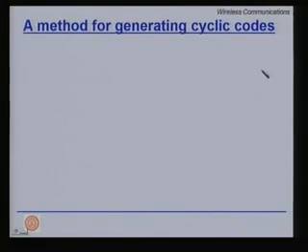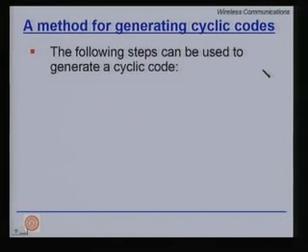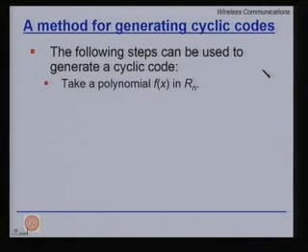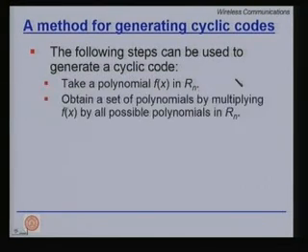Now, let us move over to a method for generating cyclic codes, because all these mathematical tools are going to help us generate cyclic codes. So, first take a polynomial f(x) in R_n. Obtain a set of polynomials simply by multiplying f(x) by all possible polynomials in R_n.